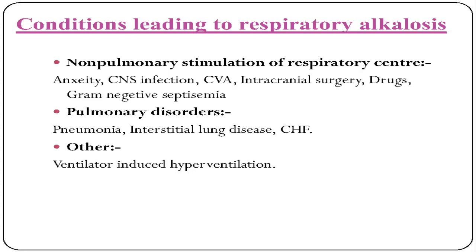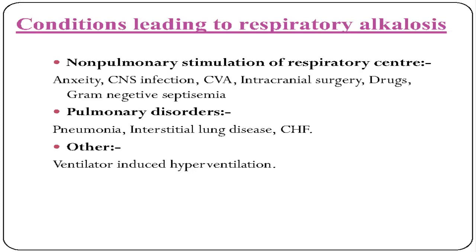And there are some other causes like ventilator induced hyperventilation. Remember, if a patient is suffering from oxygen scarcity, you may put the patient on a ventilator, but remember, the ventilator should not hyperventilate the patient. If ventilator induced hyperventilation occurs, then there will be respiratory alkalosis.